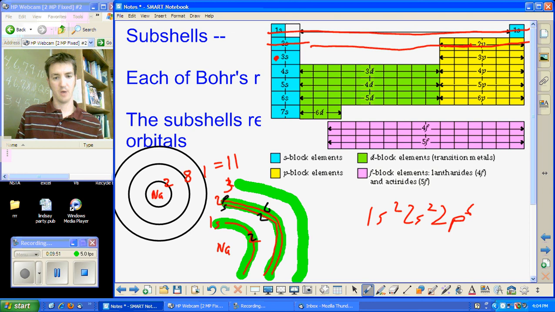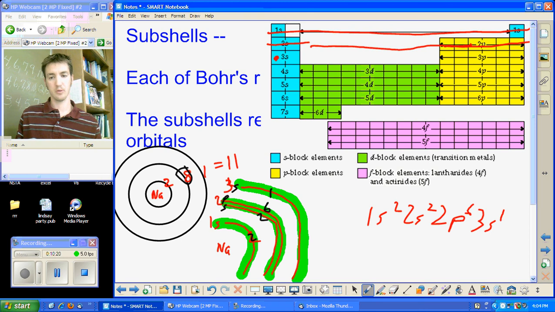So how many in the second shell? 8 altogether in the whole shell, which matches what we have here. On the last shell, you go barely into the 3s. So the 3s, we'll have that orbital, that subshell, and we only have one on there. So you end up saying 3s1.